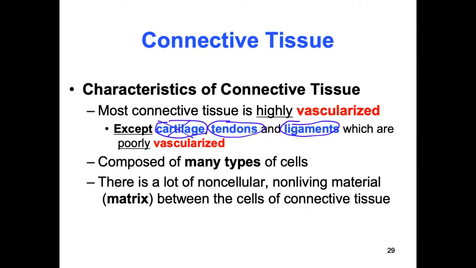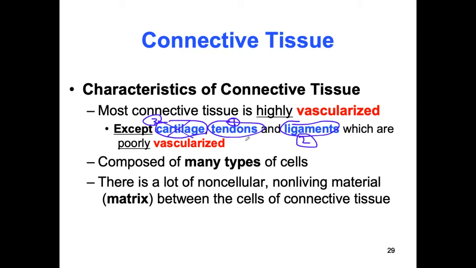Let's say cartilage comes in third place, the worst. Tendons, because they're an extension of muscle, are probably the best. And in second place, I'd say ligaments in terms of blood supply. So they're poorly vascular, but they're not avascular, just poorly.